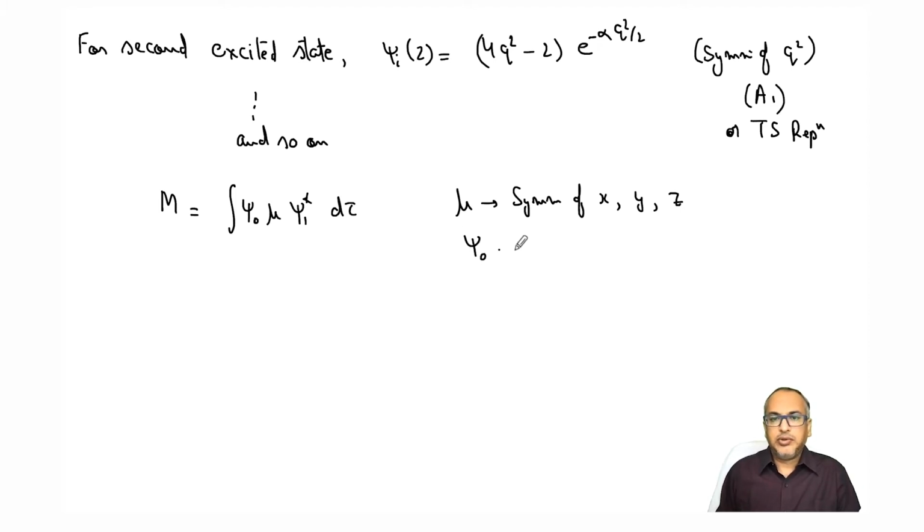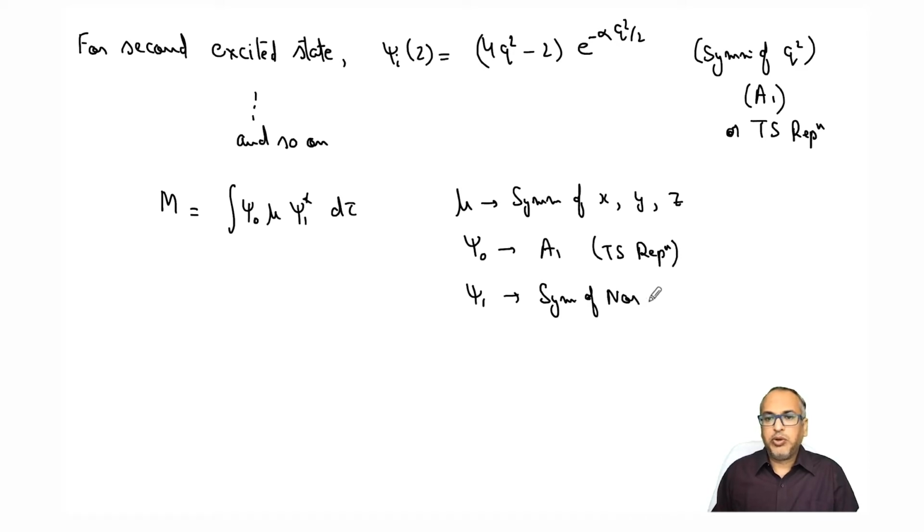Psi 0 is A1 or the totally symmetric representation, and psi 1, if it is the first excited state, has the symmetry of the normal mode.